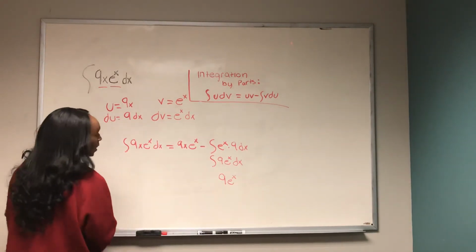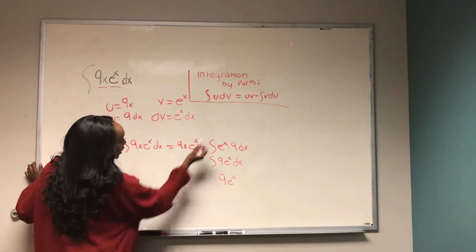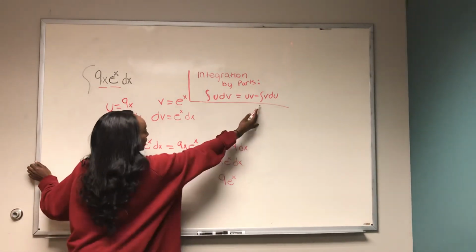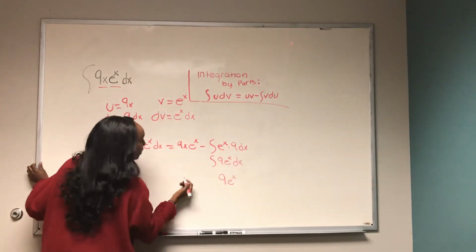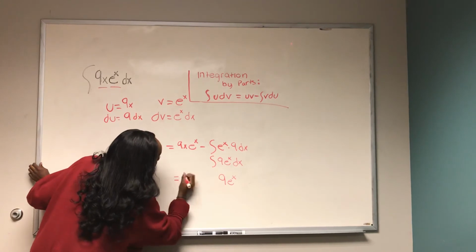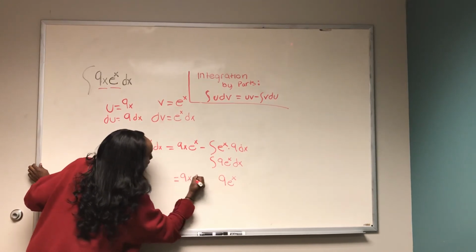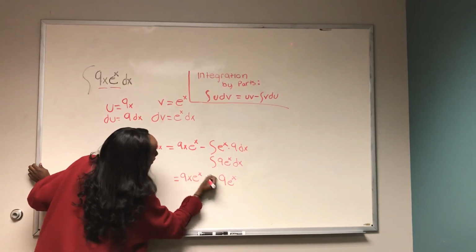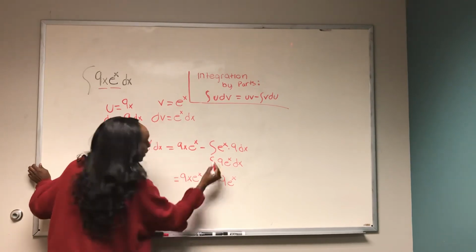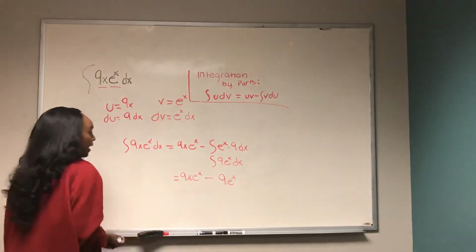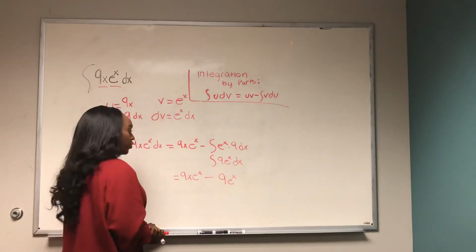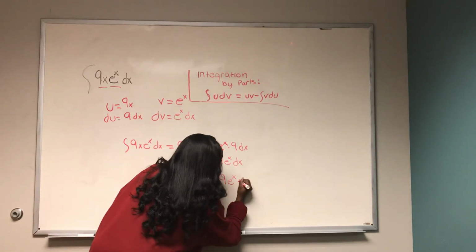So now we will bring this down, our uv, since we've solved the integral of v times du, and we will say 9x e to the x minus 9e to the x, we've already solved our integral, and lastly we want to add plus c.